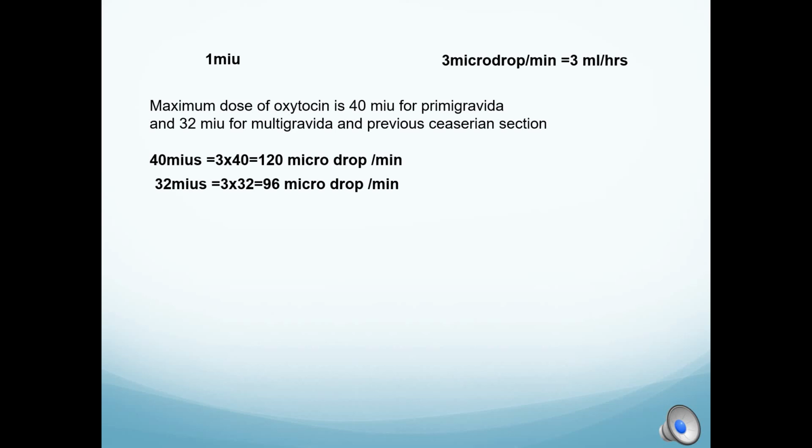Now we know that 1 milli international unit equals 3 microdrops per minute, which is 3 ml per hour. We know that the maximum dose of oxytocin is 40 milli international units for primigravida and 32 milli international units for multigravida and previous cesarean section. So 40 milli international units is equal to 120 microdrops per minute, and 32 milli international units is equal to 96 microdrops per minute.